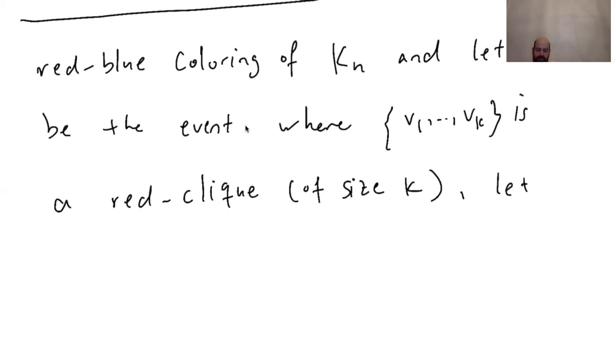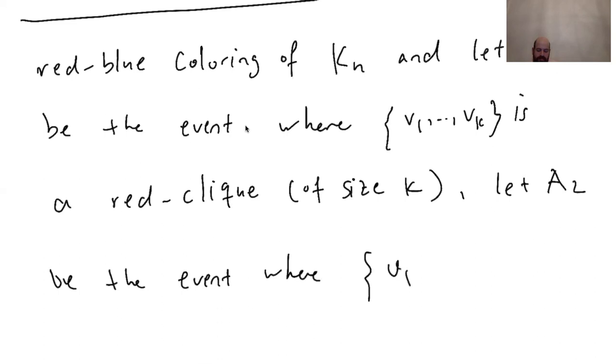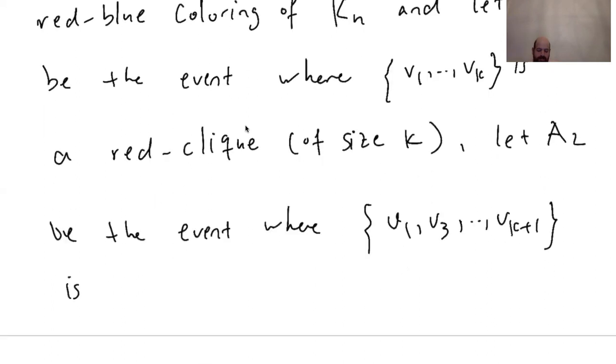Let A2 be the event where, let's say, V1, V3, all the way to V(k+1) is a red clique.